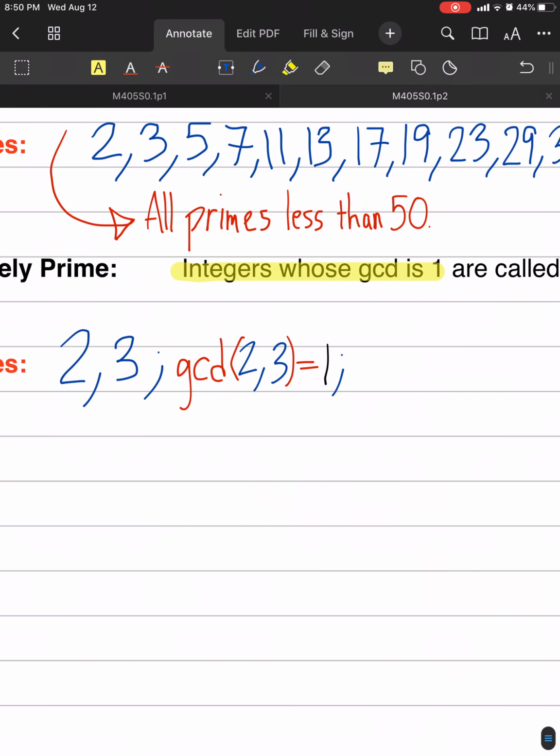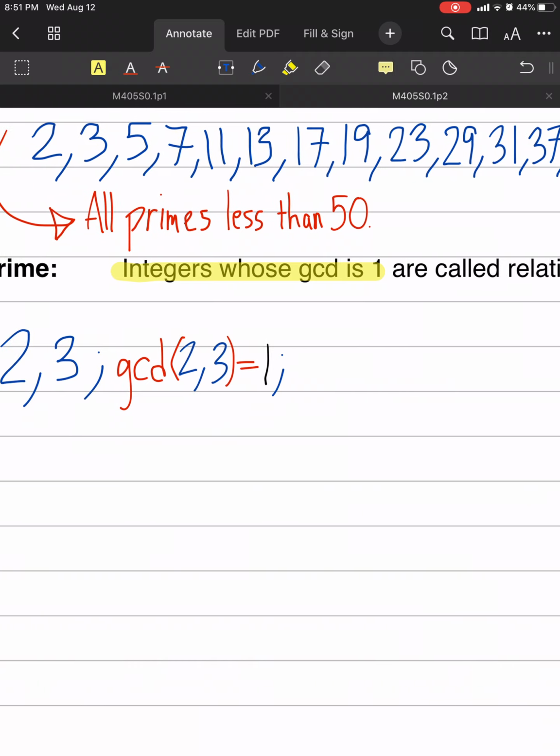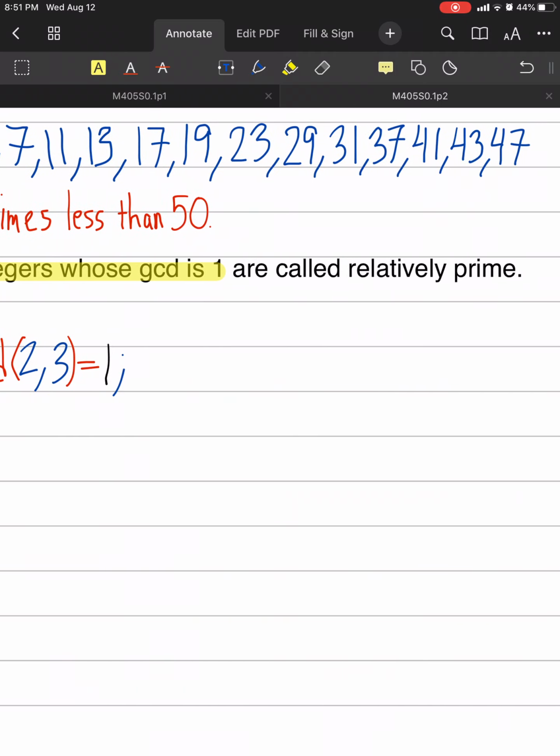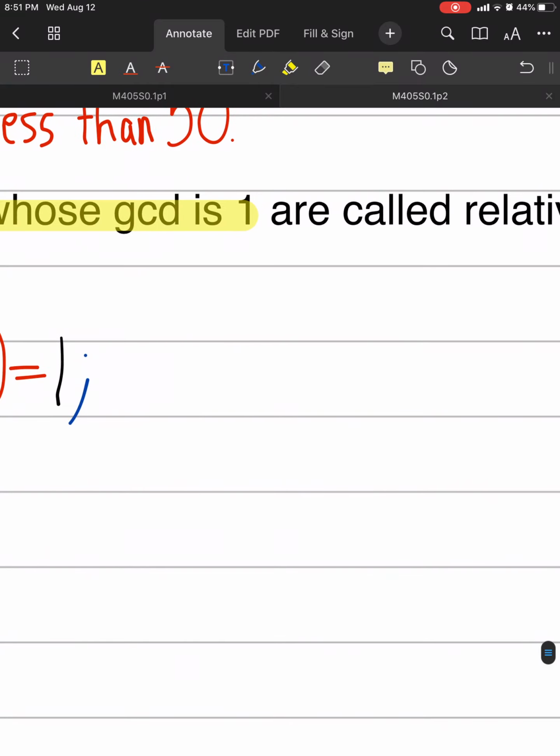Now, I'm going to come up with 2 more pairs. You can always pick any pair of prime numbers, and those will automatically be relatively prime as long as they're not the same. But I'm going to pick some that are different. For instance, if I were to pick 6 and 10, those wouldn't work, right? Because they have a factor of 2 in common.